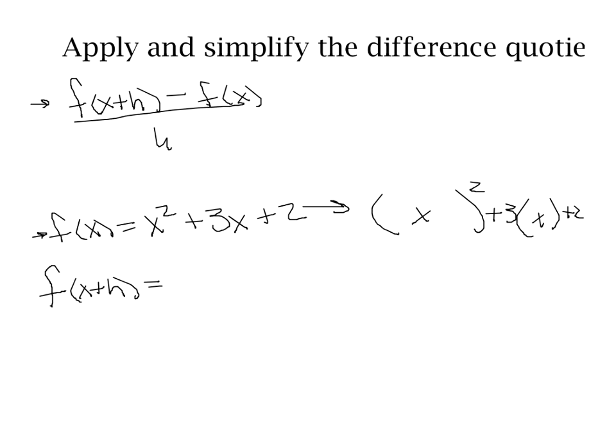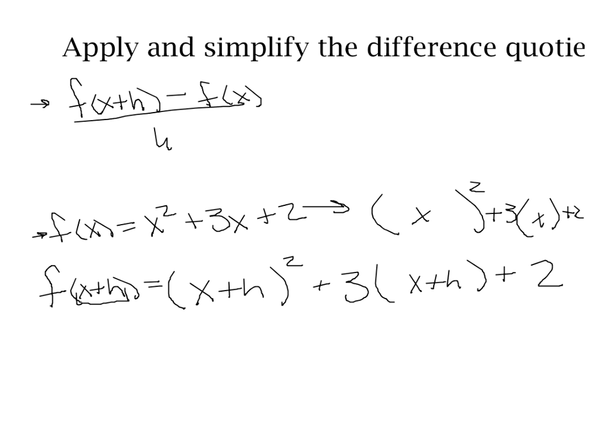We have a container with x and the container is times 3 and then plus 2. So when I find f of x plus h, I take that container, the container that's squared, and the container times 3 plus 2, and what I put into that container is x plus h.